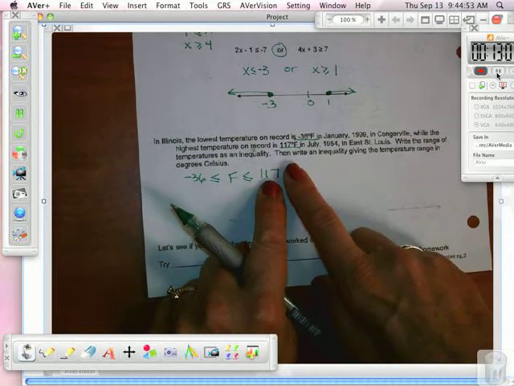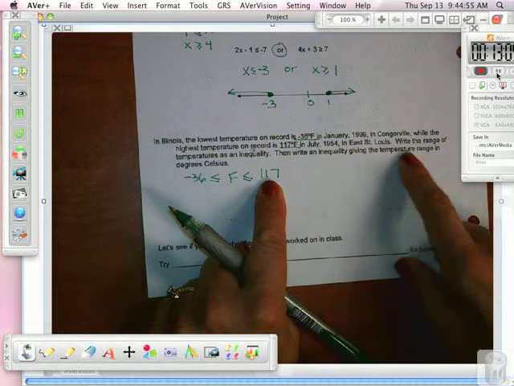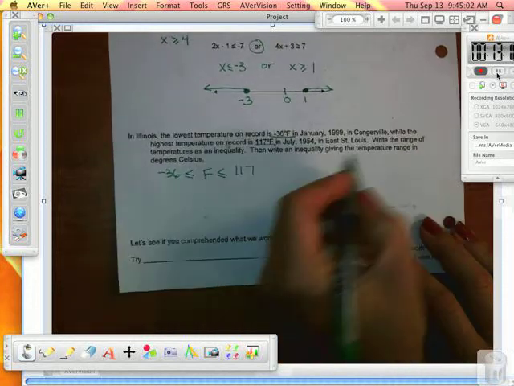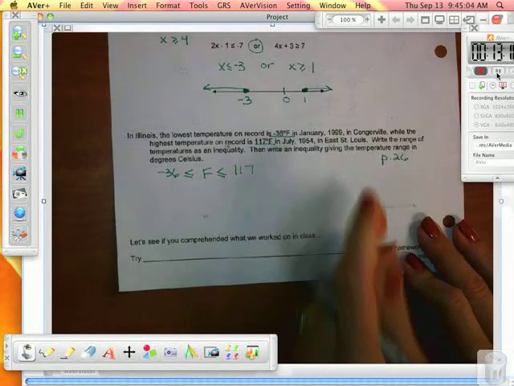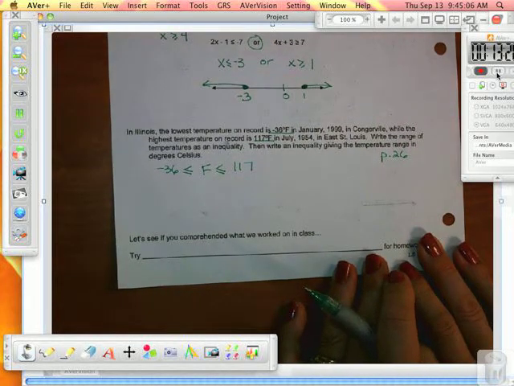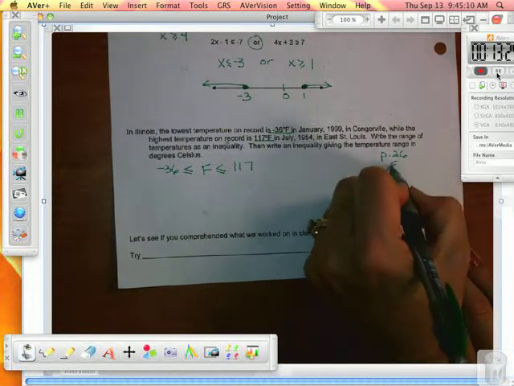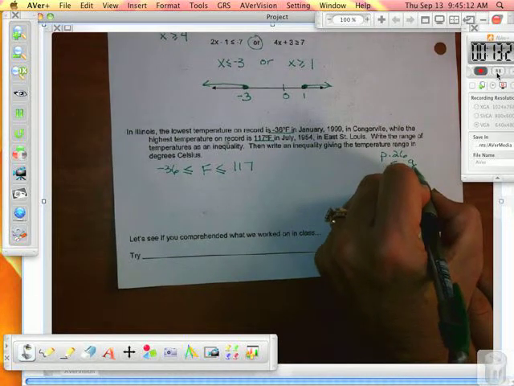Oh, this is really fun coming up here. It says, write the inequality given the temperature range in degrees Celsius. What? Then you got to remember that on page 26, it gives you these formulas. And one of the formulas that it gives you is that Fahrenheit is equal to 9/5 Celsius plus 32.